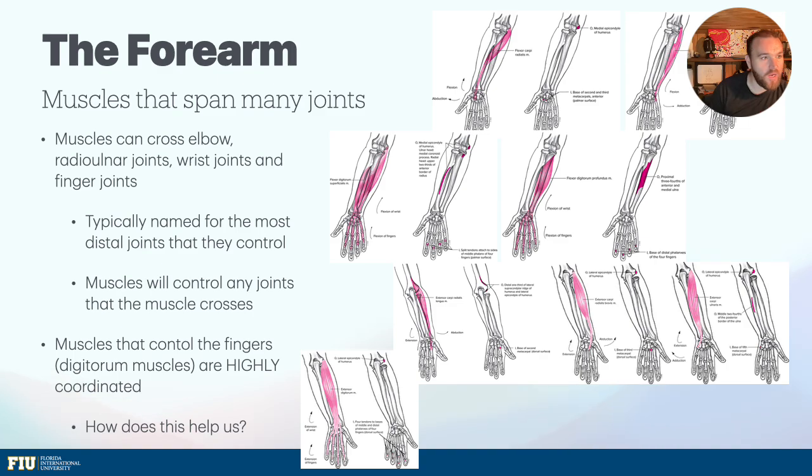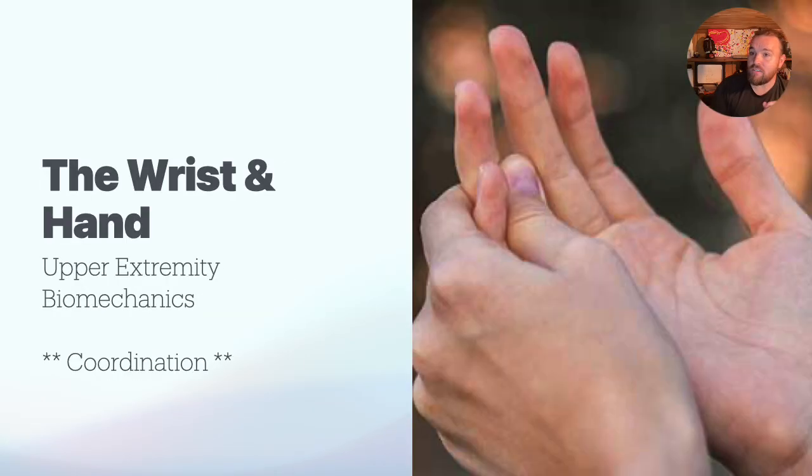And this is why when we get into the wrist and hand, the big key term here is coordination, right? When we talk about coordination, now we're talking about all the nerves that come down into my forearm muscles, right? Into that flexor digitorum, whether it's profundus, superficialis, whatever. And there are just so many different nerves that plug into these muscles that if my brain tells my nerves to just flex my pinky, I can do that.